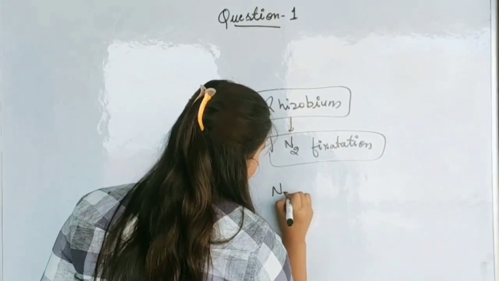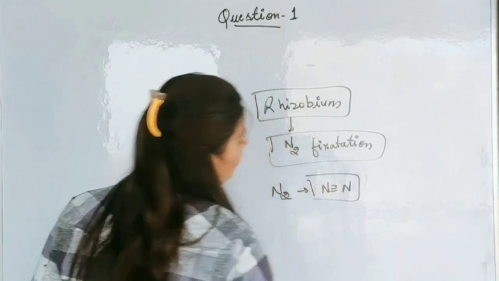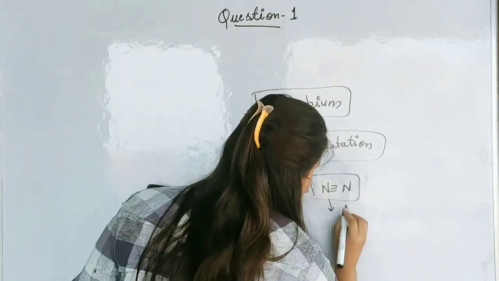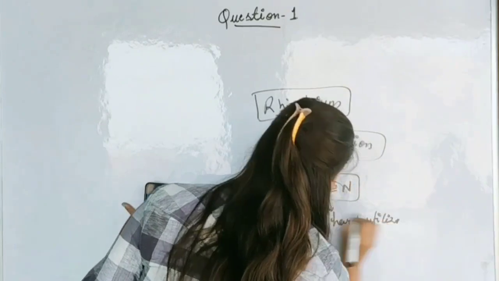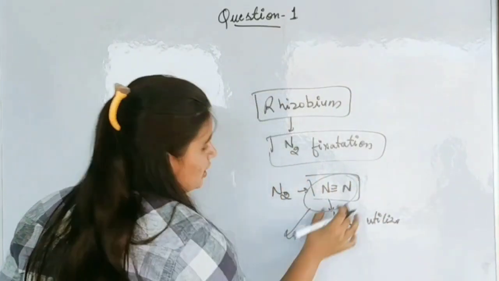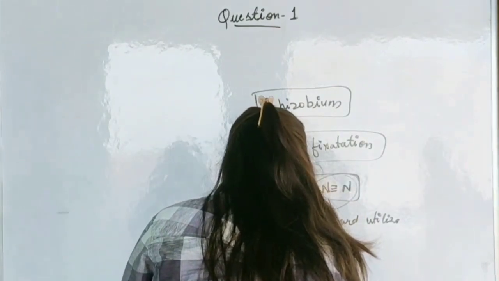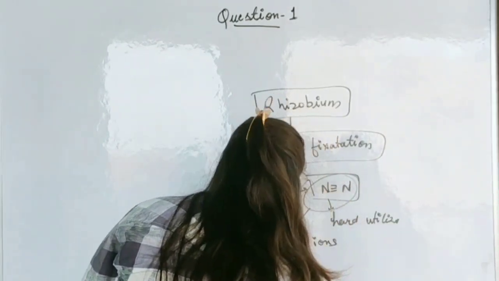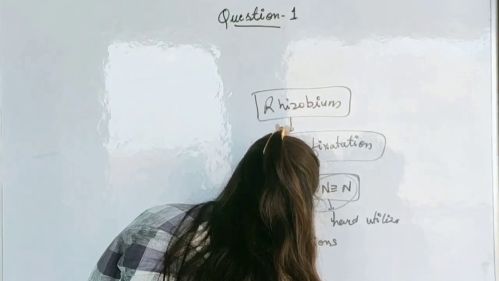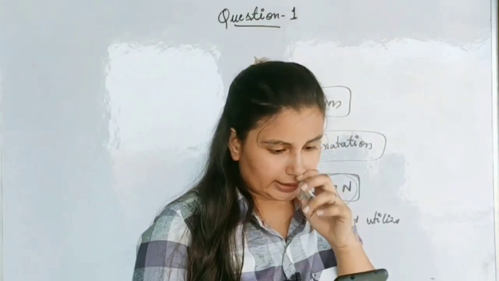Because N2 is present in triple bond with two molecules, so it is very hard to utilize it. So first we have to break this N2 into ammonium ions and nitrate ions. Now move to next question, question number 20.